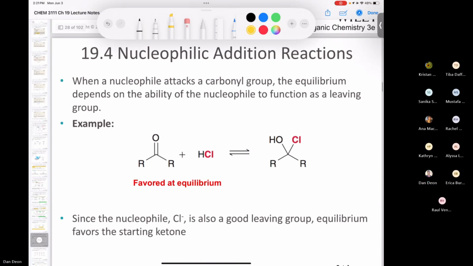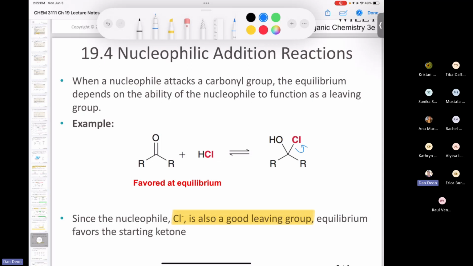It says, when your nucleophile attacks the carbonyl group, the equilibrium depends on the ability of the nucleophile to function as a leaving group. Now, we know that chloride is an excellent leaving group. It says here, good. I'd say even better than that. So in this case, the chloride can leave, no problem, okay? So that's not an issue whatsoever.